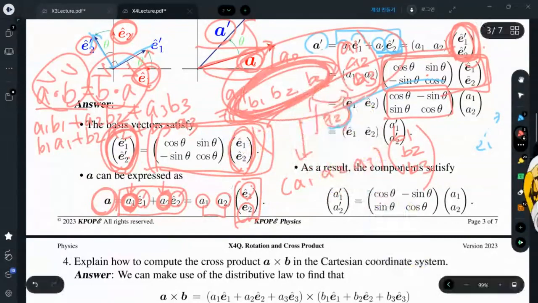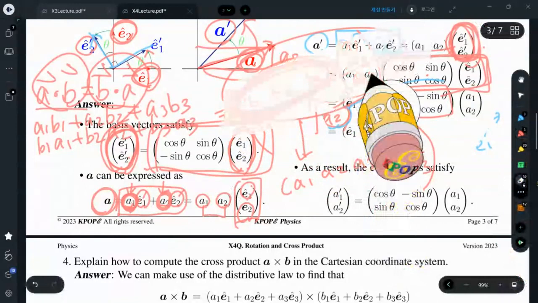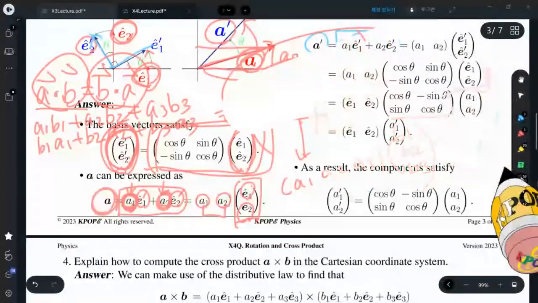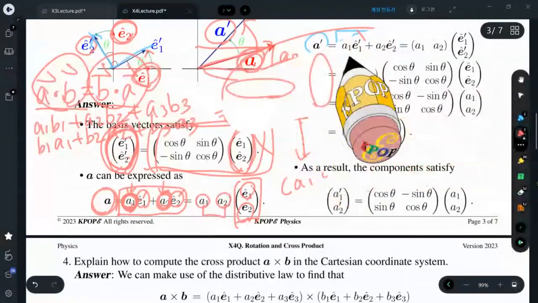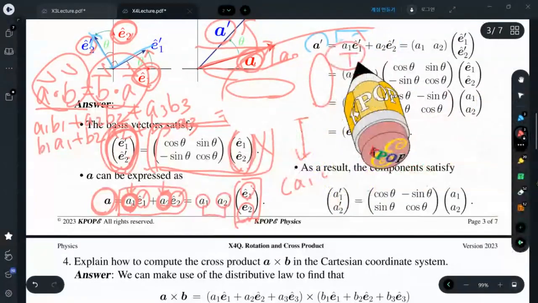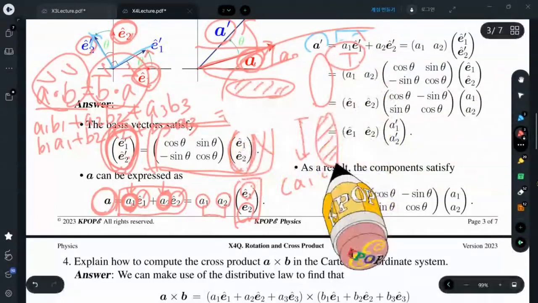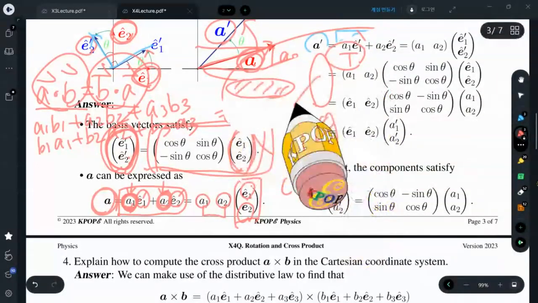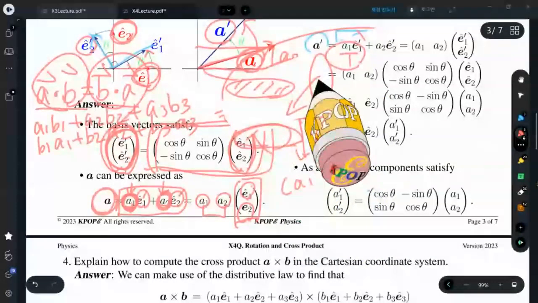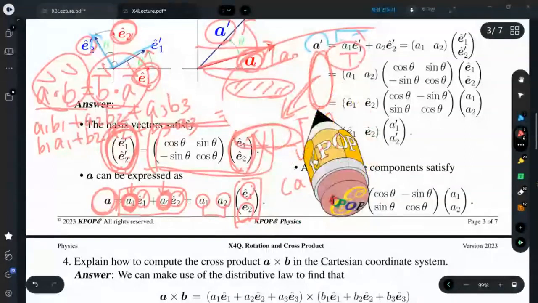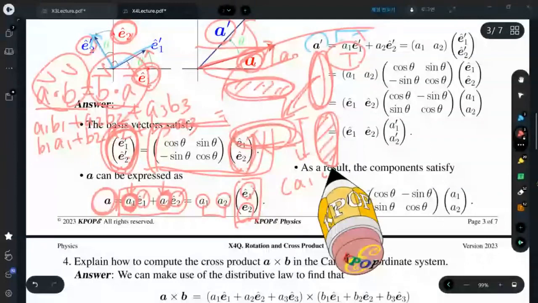Therefore, exchanging this version and this version is called transpose. Okay? So column becomes row, and row becomes column, and exchange left and right.